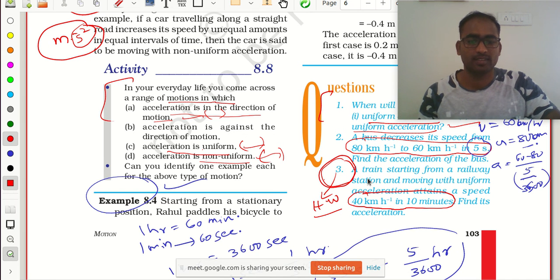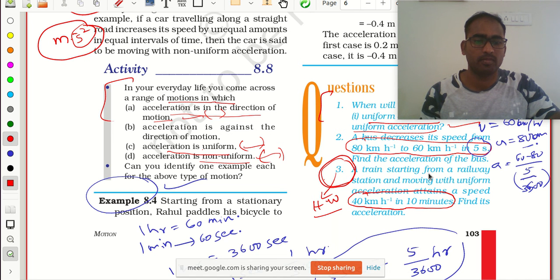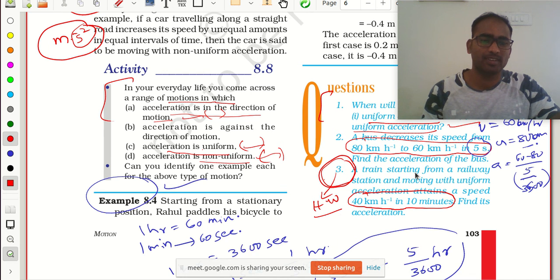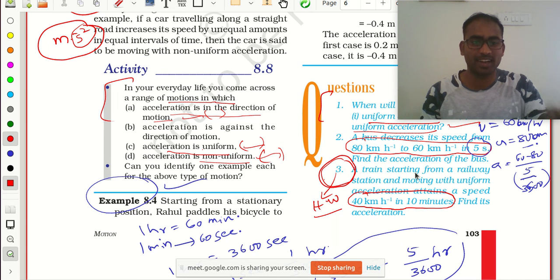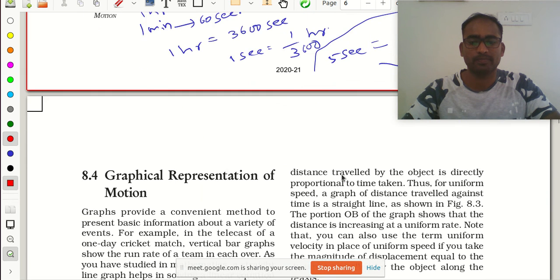Think. Say something, whether it is right or wrong, no problem. Please do this problem as homework. There is some logic here, so please go through the question one more time.